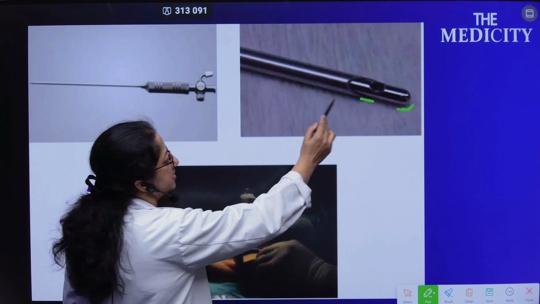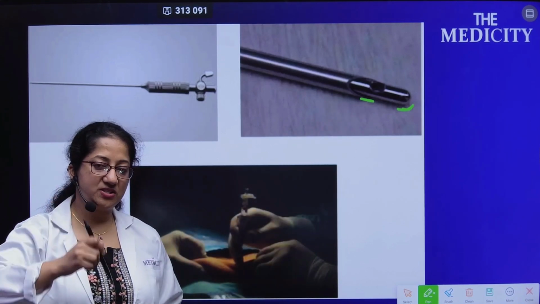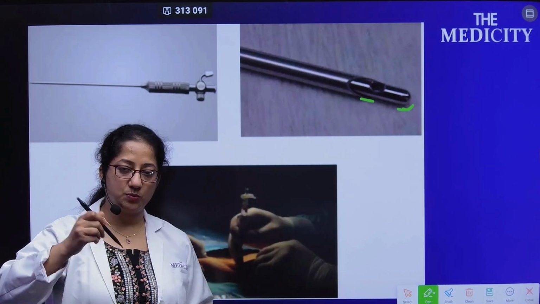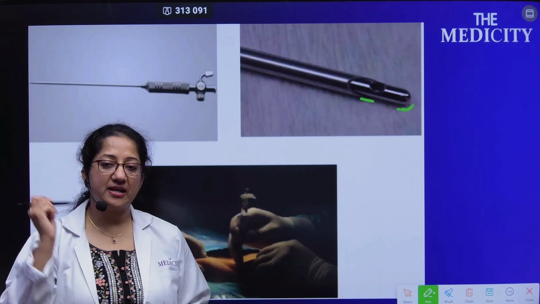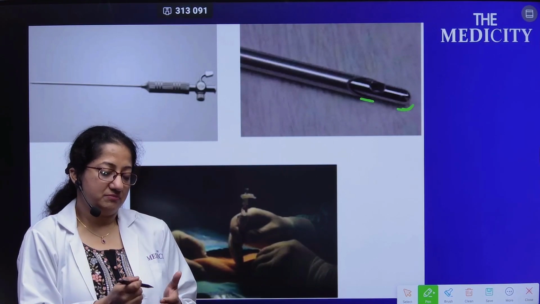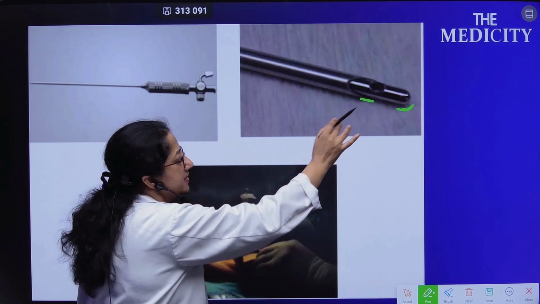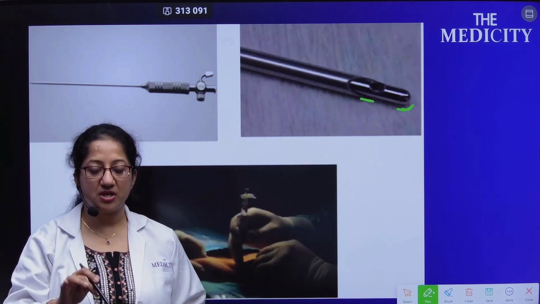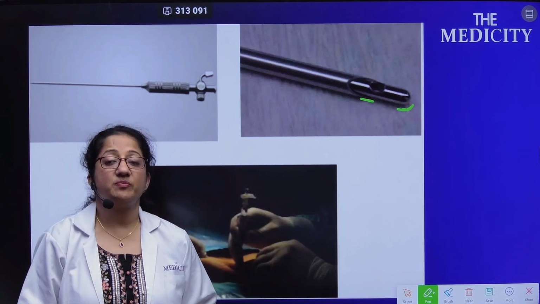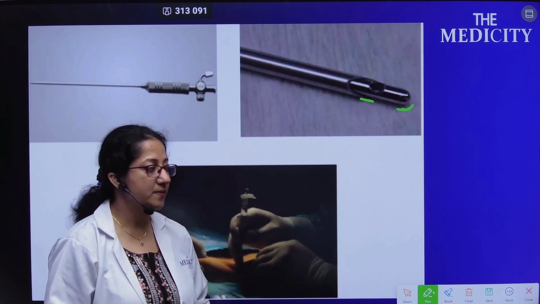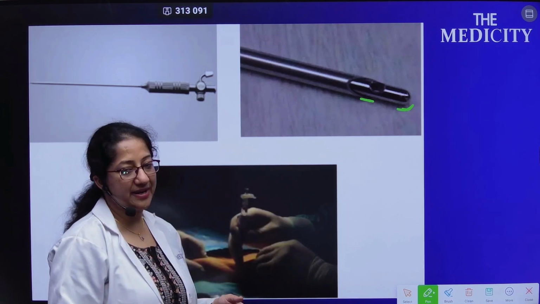What is the advantage of the spring action? When there is resistance, the sharp edge will push it and the needle goes inside. As soon as the tough tissues are pierced, the spring action allows this blunt edge to come out. So when the blunt edge is out, the chances of bowel injury are very less. This Veress needle usually is made of steel.